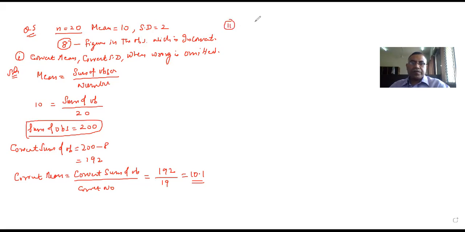I need the correct standard deviation. Standard deviation is equal to the square root of sigma x square upon n minus mean whole square. He has given me this is 2.